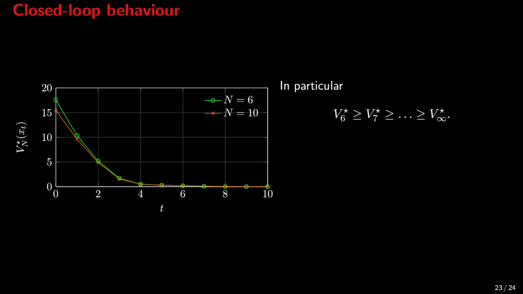So we have a lower cost function if we increase the horizon. In particular, V6 star is no less than V7 star, V8 star, and so on and so forth. And the lowest you can ever reach is V infinity star, but unfortunately in most cases we cannot solve the infinite horizon problem.